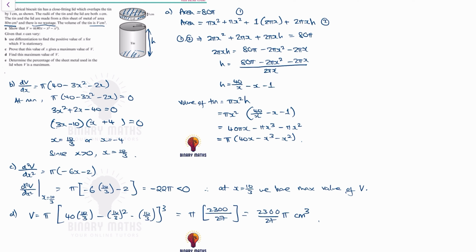Okay, E is determine the percentage of the sheet metal used in the lid when V is a maximum.